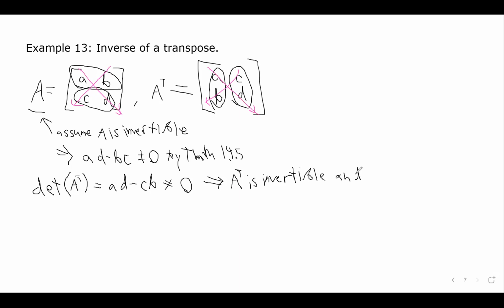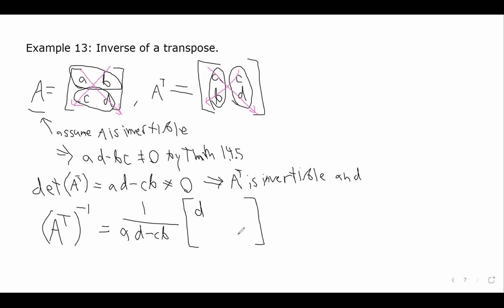So A transpose is invertible, and the inverse of A transpose by theorem 1.4.5 is 1 over the determinant of A transpose, which is AD minus CB, times, now you switch the entries on the main diagonal, so this becomes D, A, and negate the off diagonal entries. So this is negative C, negative B. And so now the inverse of A transpose is that. You would just multiply each entry by 1 over AD minus BC.